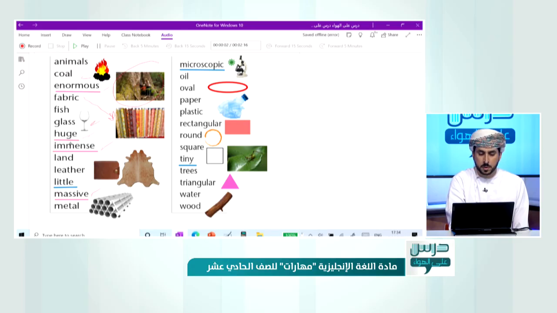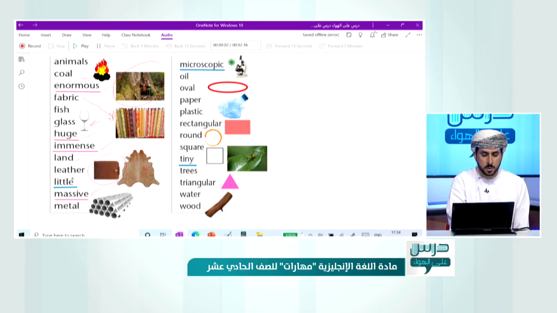We have the word land. We have also leather. From leather we can make many things. We can, for example, have a wallet. We can have also shoes, belts, and so on.